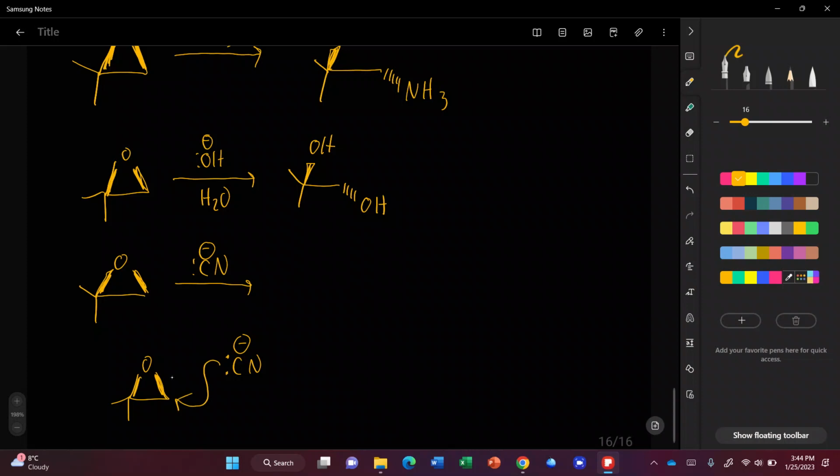So it's going to go there, that's going to go there. And then you're going to do this in some kind of solvent, probably water, so that this O- can take a proton from somewhere.